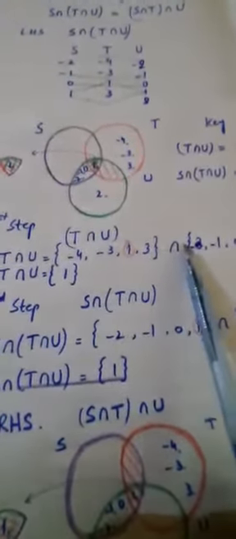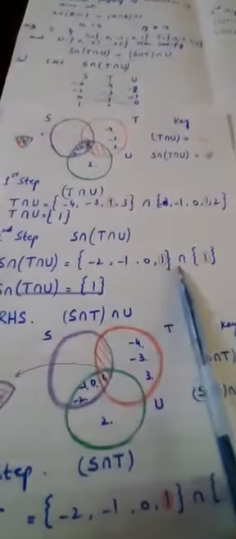Now we will solve the first step, which is the bracket part, T intersection U. Only 1 is common, so we will take 1 as common between these two sets.